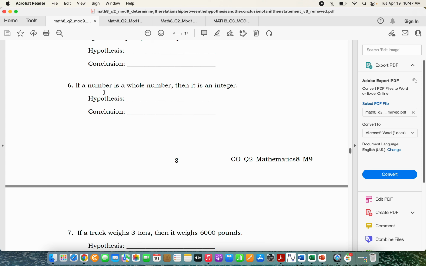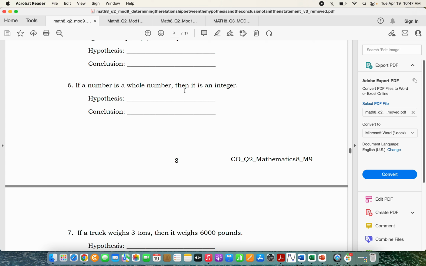If a number is a whole number, then it is an integer. Is the hypothesis true? Yes. It's very possible to have a whole number. So the hypothesis part is true. How about the conclusion? Then it is an integer.